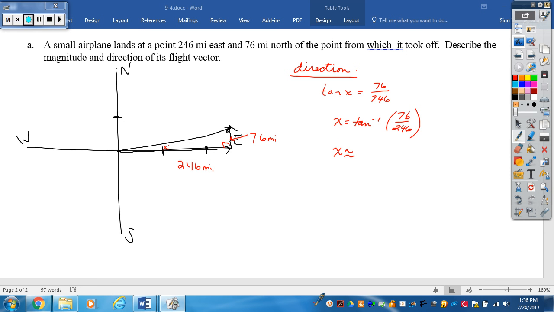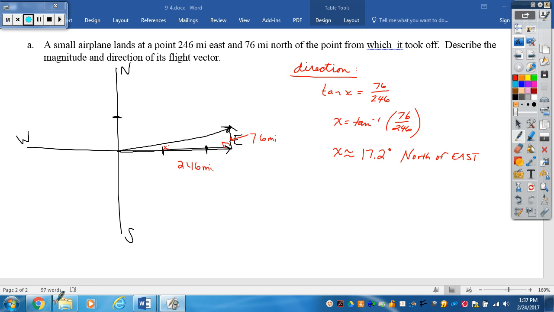Okay? And so as a result, we get 17.2 degrees north of east. Okay, because we're heading north from east.